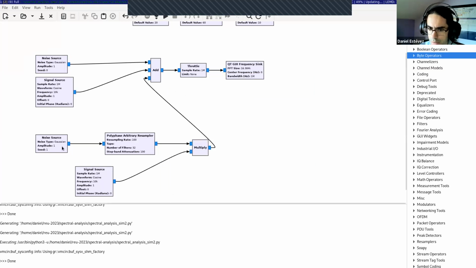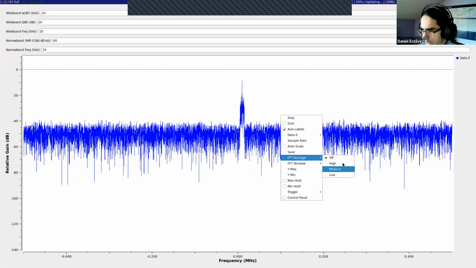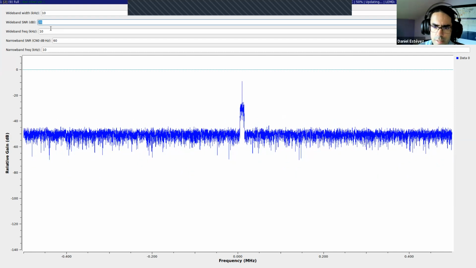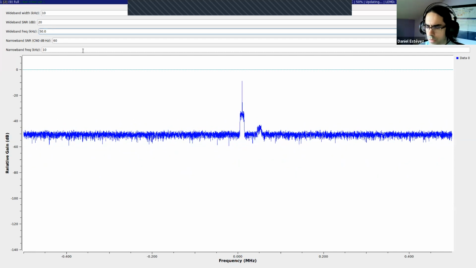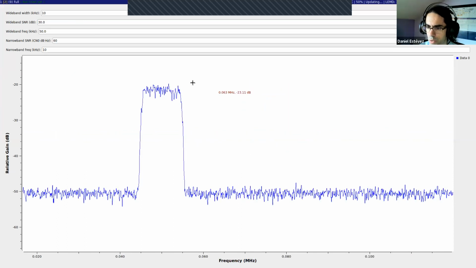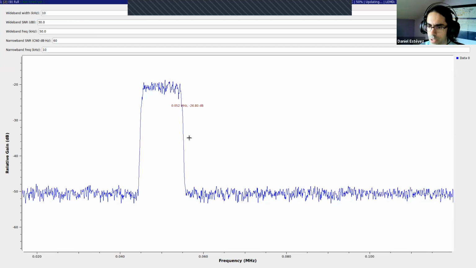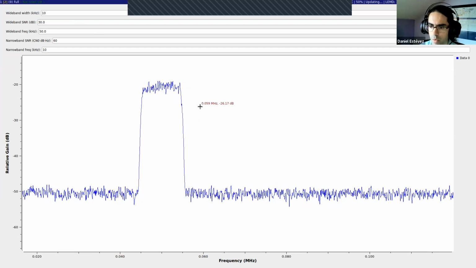So this should be 1, and this should be the formula. So once again, high. This should go to a frequency of 50. And we have 20 dBs of signal to noise ratio. If we increase this to 30, then this increases. It increases slowly because of the average we are using. And now we have minus 20 in comparison with minus 50. So this is 30 dBs above the noise.